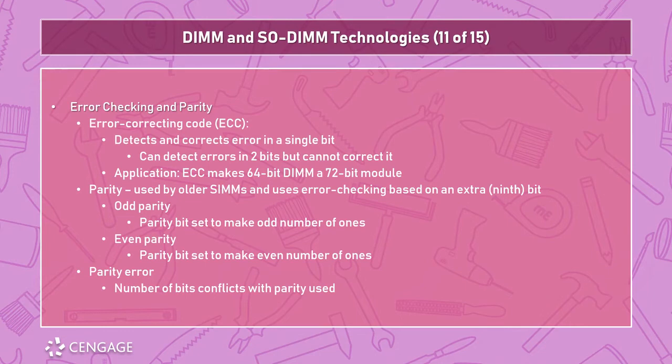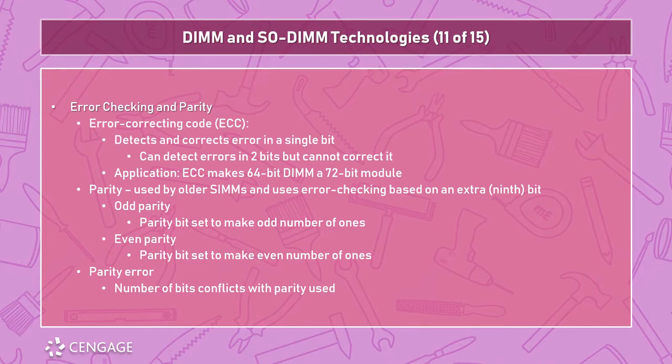But if there are 2 bits, essentially the error detection for the second bit takes up the same sequence that would be used for the correction in a single bit. So in application, we would add an extra 8 bits in order to process these little checksums, if you will. So it would make a 64-bit DIMM, a 72-bit module.